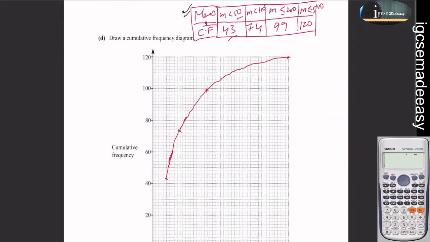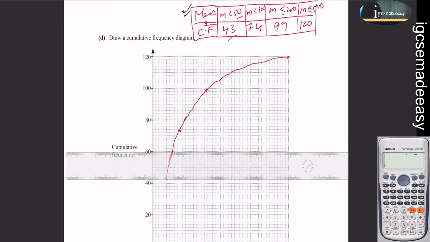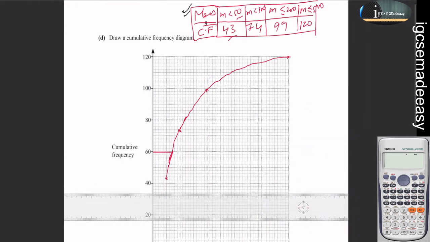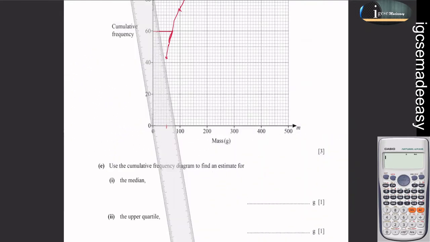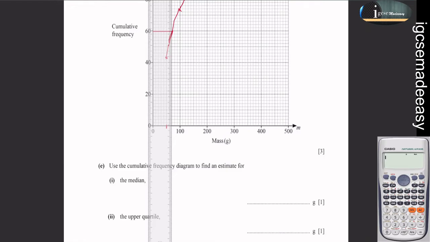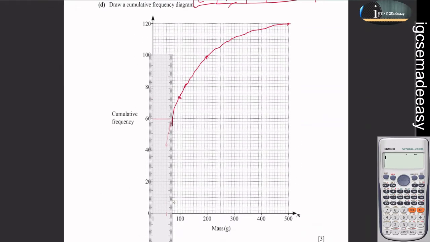Let's find out the median first. The median will be the mid value of 120. So half of that is 60. Let's see what the value for that is. It's somewhere here. What is the value actually?